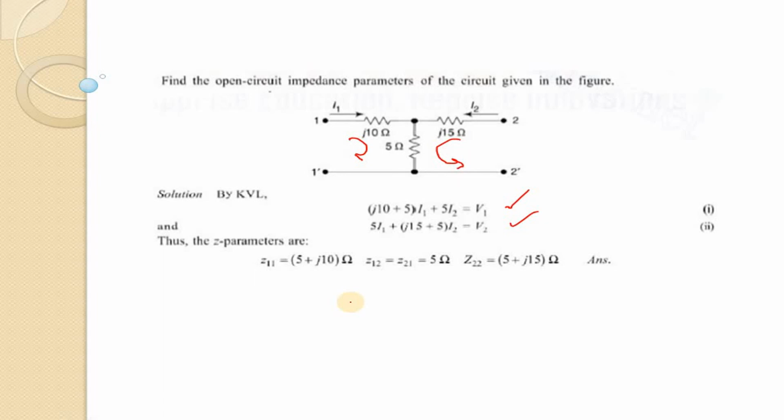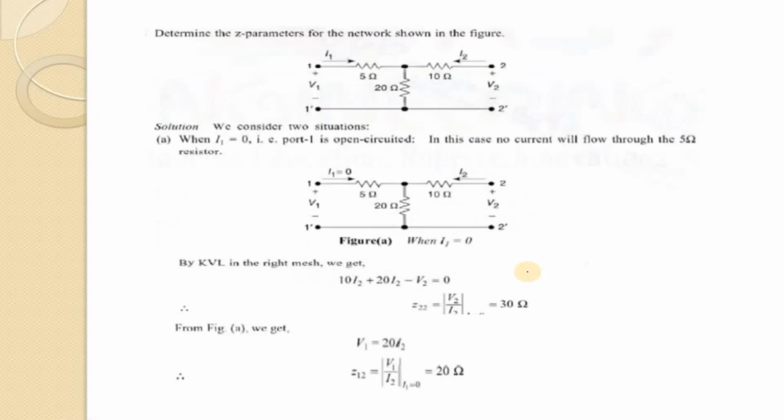We are getting Z11 equals 5 plus j10, and Z12 and Z21 are 5 ohm, and Z22 is 5 plus j15 ohm. These are all the values of the open circuit parameters. It is a small problem related to open circuit parameters.